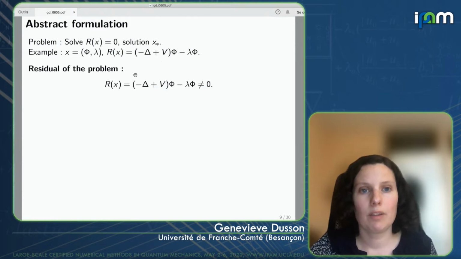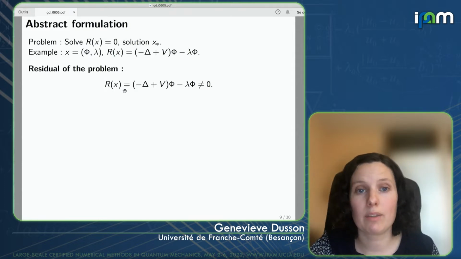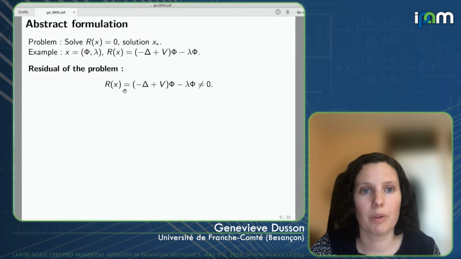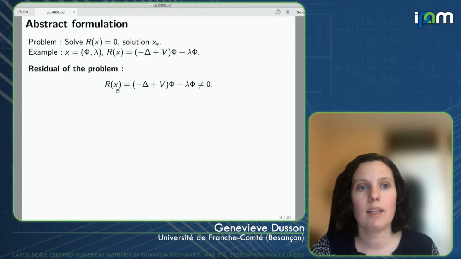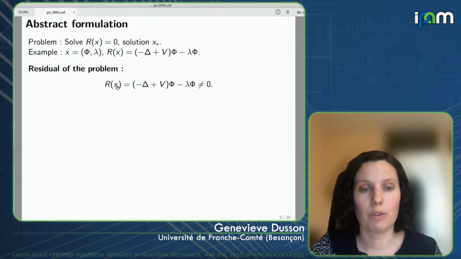Okay, so then the residual of the problem, which is this r of x, is 0 only for the exact solution and is non-zero in general. And so the whole idea of this error estimation is to try to link the residual of the problem, which gives information on the error on the equation, to the error on the solution, so x minus x star.